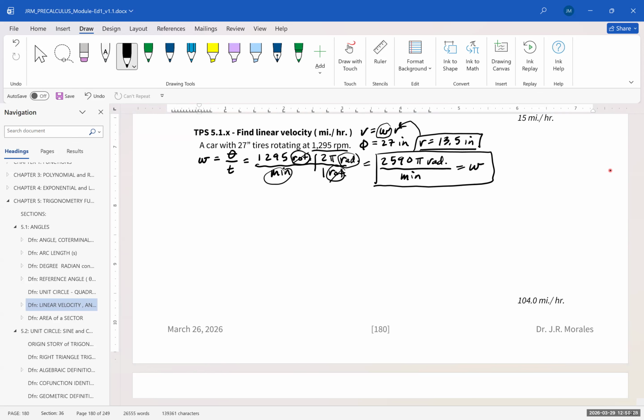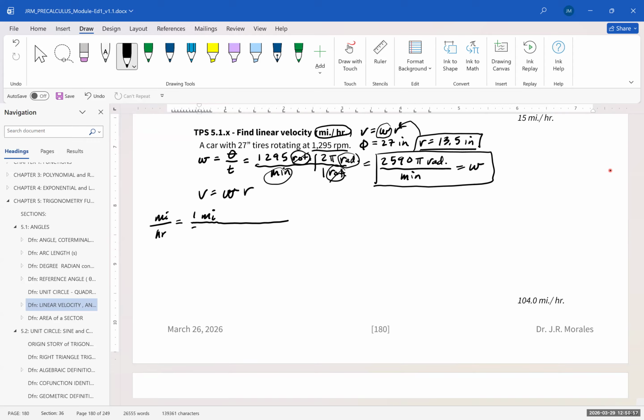All right, so let's calculate our linear velocity now, because now we know what the angular velocity is and we know what the radius is. So again, we need this to be in miles per hour. So we want to make sure that we end up with miles in the numerator.